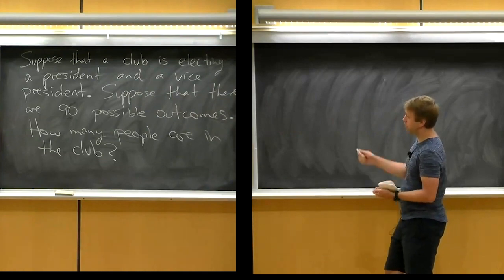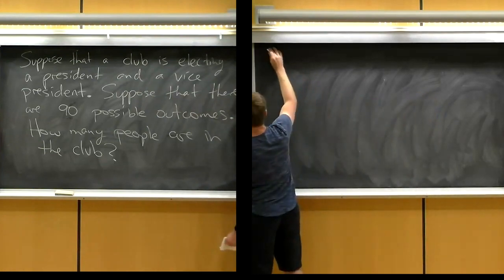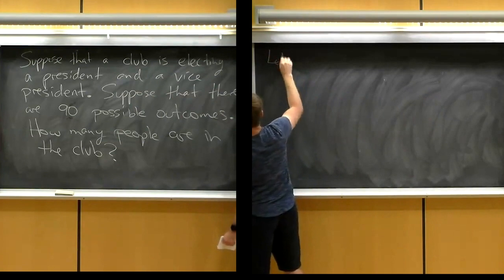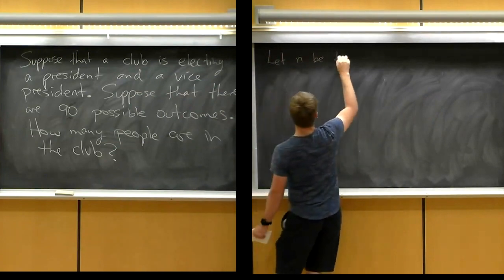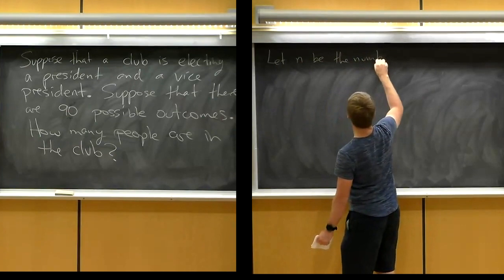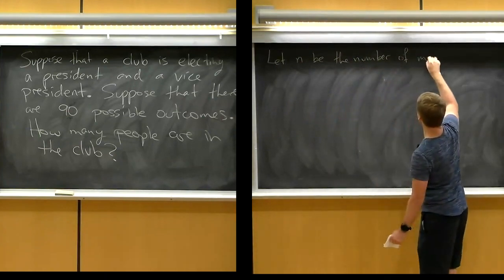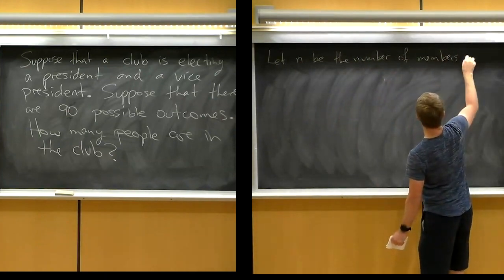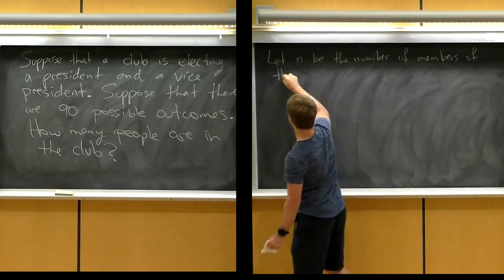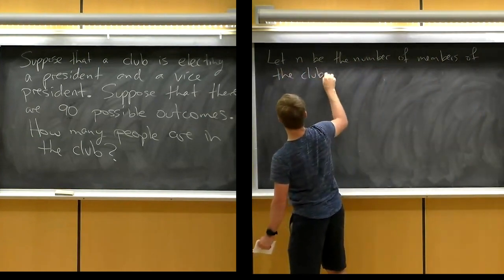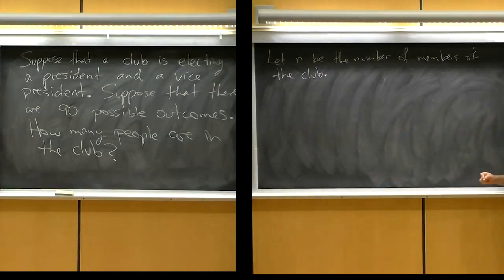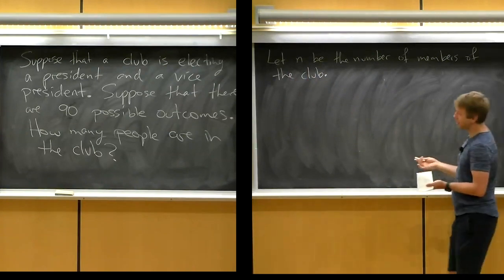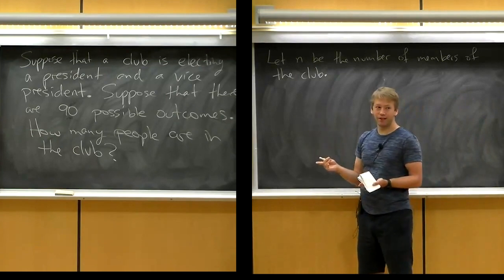So, okay, let's say, let n be the number of members of the club. So as you were suggesting, if I wanted to pick a president and a vice president, the number of ways to do this is going to be like n times n minus 1.